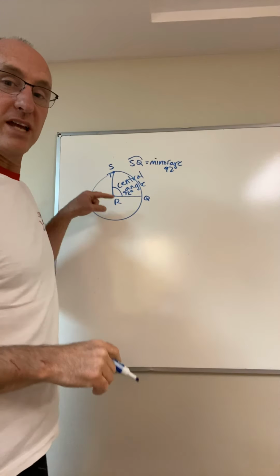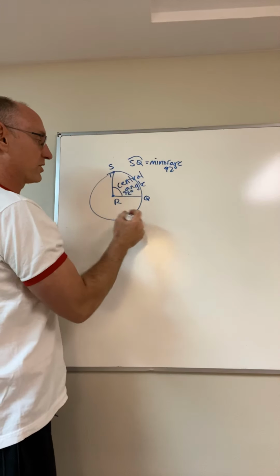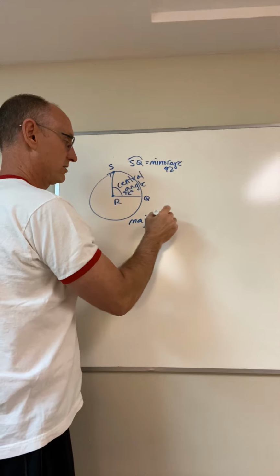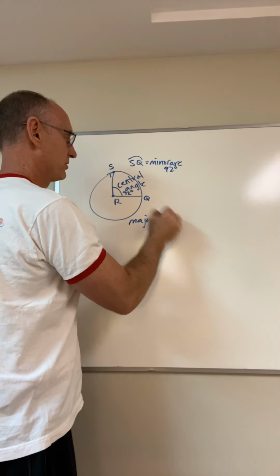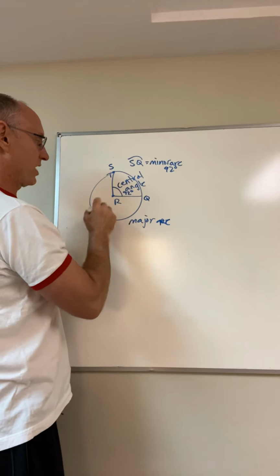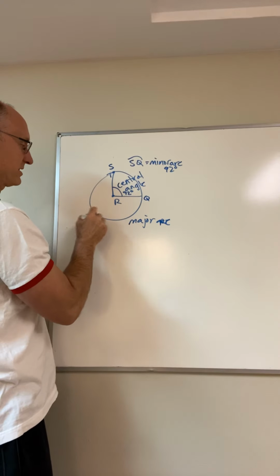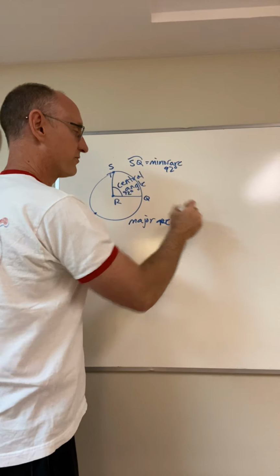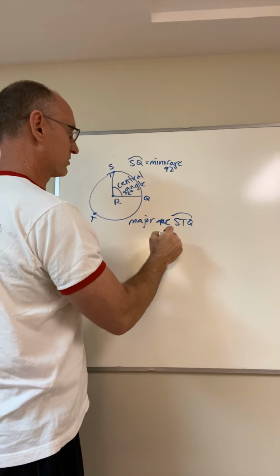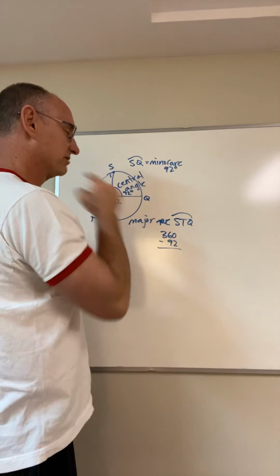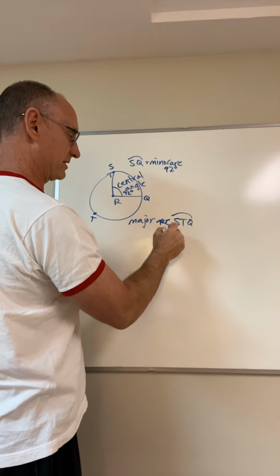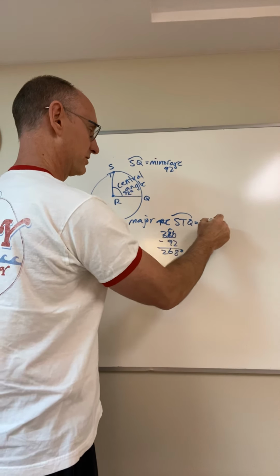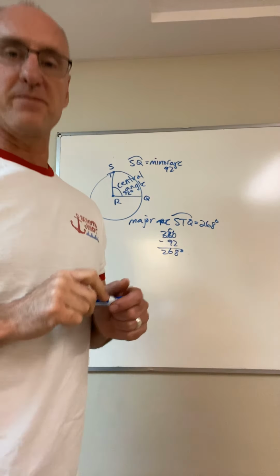And then if you had to find the major arc, you just take the degrees of the whole circle, so major arc, outside of arc SQ, and you need a third point, so let's say this is T. So major arc STQ, you could find by going 360 degrees minus 92, and that's 268 degrees, like that, 268 degrees, okay?